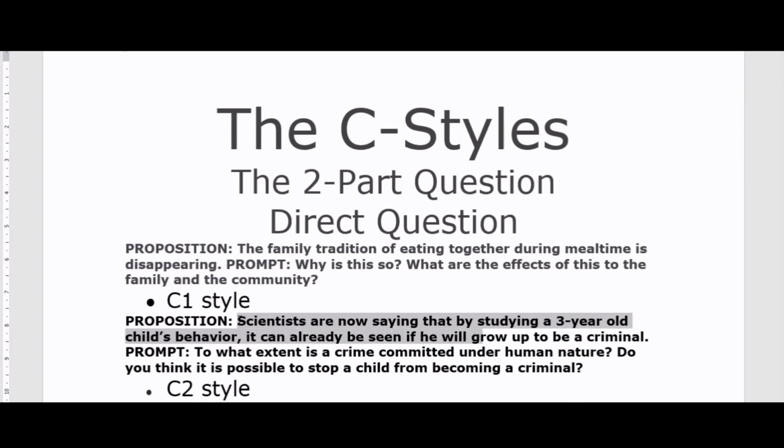So if you notice, the proposition itself, we call this a premise, like the scientists are now saying that by studying a 3-year-old child's behavior, it can already be seen if he will grow up to be a criminal. So there really is no other side of the issue, so it's very one-sided. But my student was smart enough to detect that the question is, to what extent is a crime committed under human nature? So this is part of, for all intents and purposes, a to what extent do you agree or disagree question.